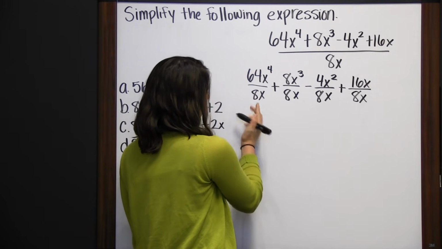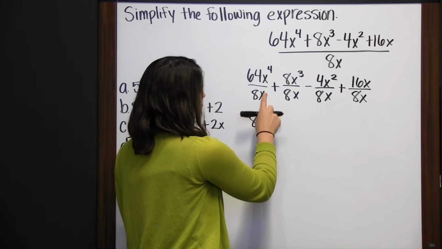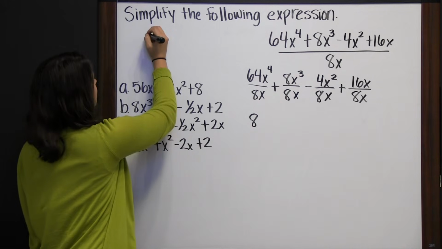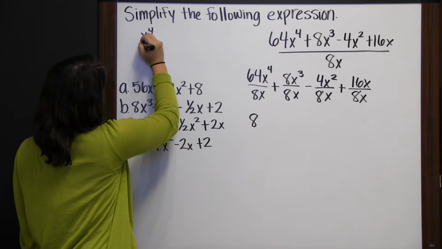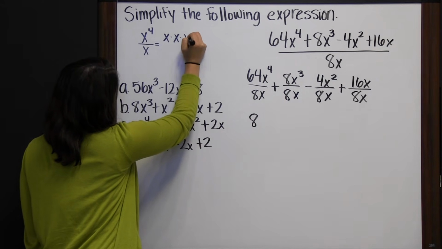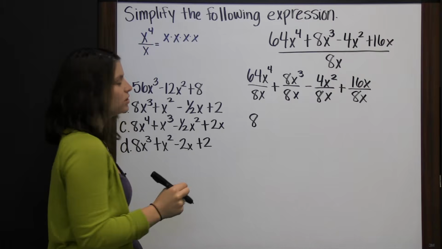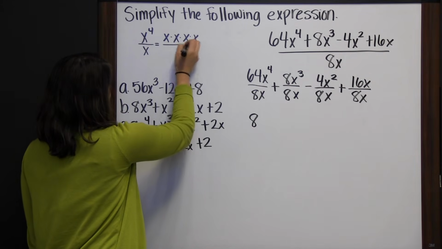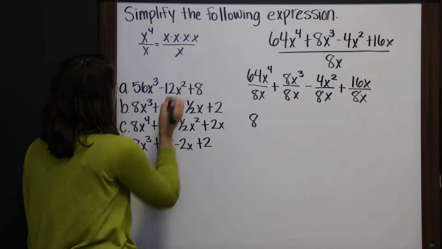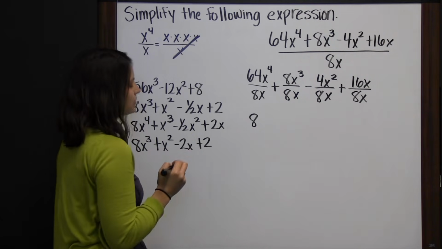64 divided by 8 is 8. And x to the fourth divided by x, well, let's see what that looks like. x to the fourth divided by x is x times x times x times x, itself 4 times, divided by x. x divided by x is 1, so those cancel.